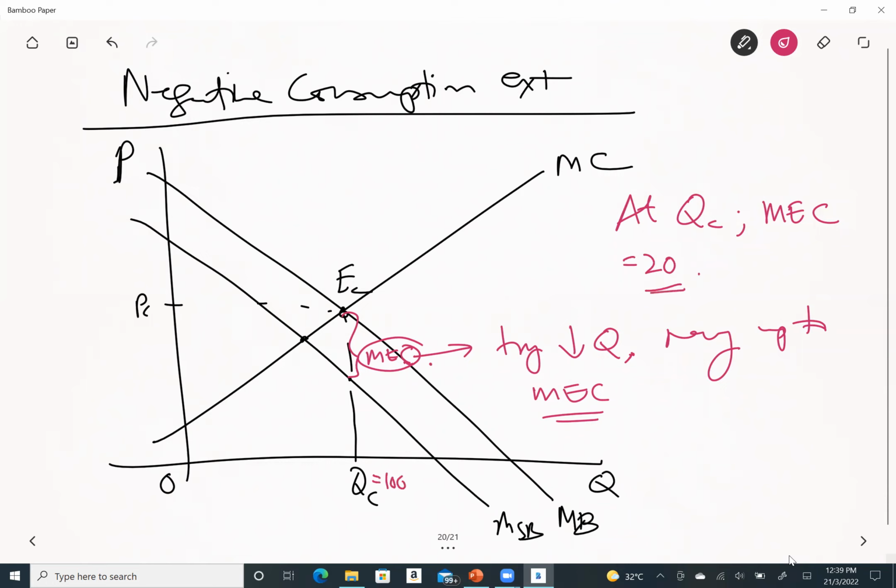MEC to you is 20 ringgit. When we say 20, it means 20 RM. That is the marginal external cost to us. Now, if you want him to reduce the amount of smoke or the number of cigarettes that he smoked, this Q is the cigarettes. How much are you willing to pay him to have him reduce smoking?